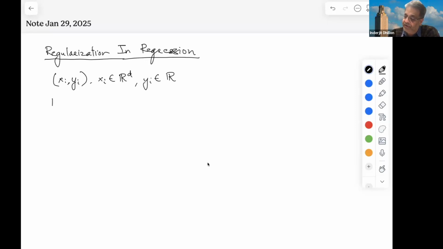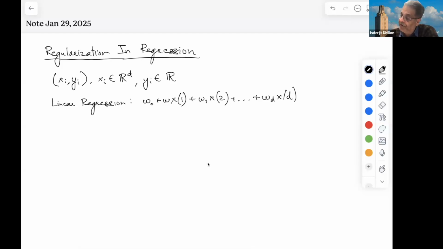And linear regression is basically taking a linear combination, which is w naught plus w1 x1 plus w2 x2 plus and so on up to wd xd.